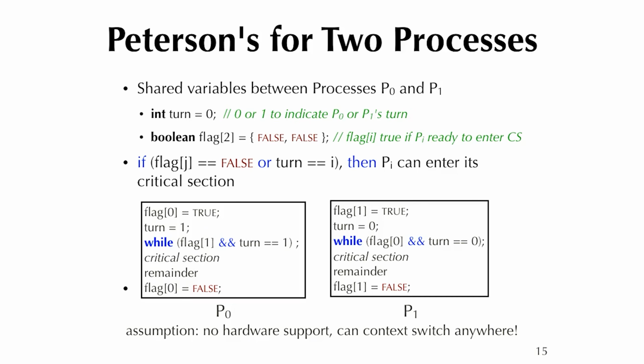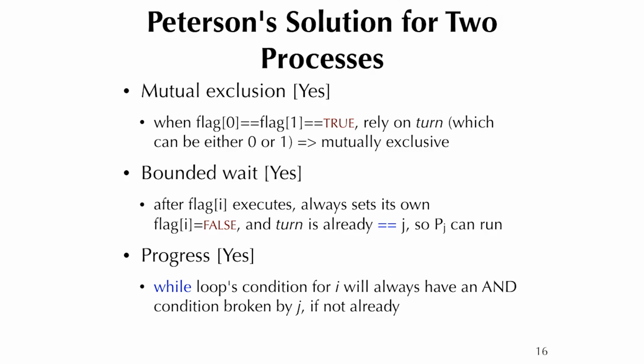And so that's what it looks like. Does it achieve mutual exclusion? Yes, it does. It could be the case where flag 0 and flag 1 both equal true. That just says both processes want to enter the critical section.